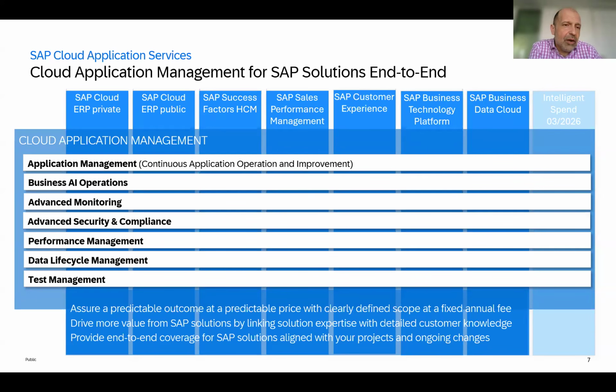Another thing which is also very important during the operations phase is data lifecycle management. For some data like financials data or human resources data, you have to keep the official lifecycle. That means you have to archive or delete data for these applications, and this can also be done by the CAS services.